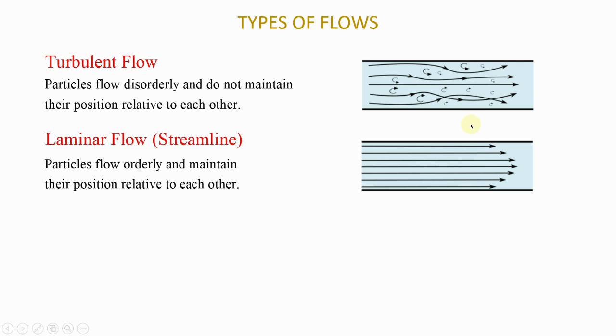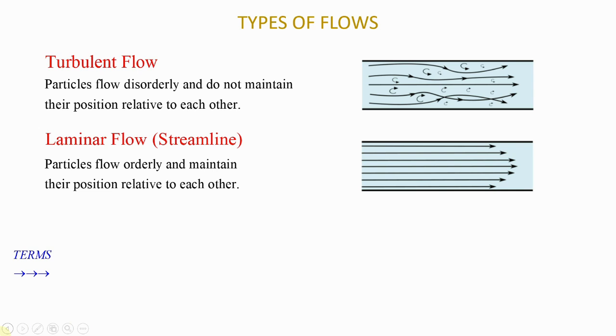If you come somewhere down in the direction of the flow and you measure again, you will see that the distance between the two particles is the same. So particles are maintaining their positions relative to each other. And if that is the case, then the flow is orderly, and that is what we will refer to as a laminar flow.